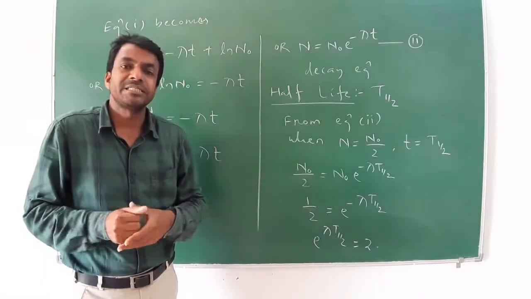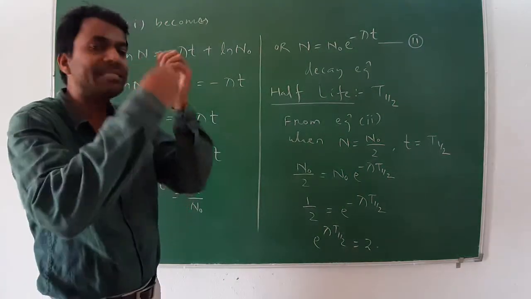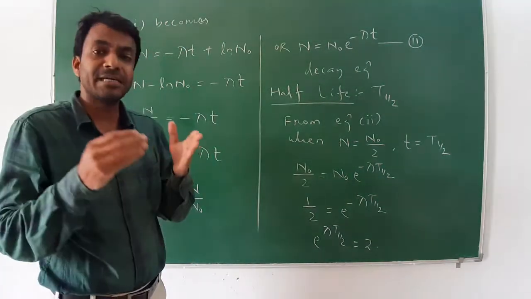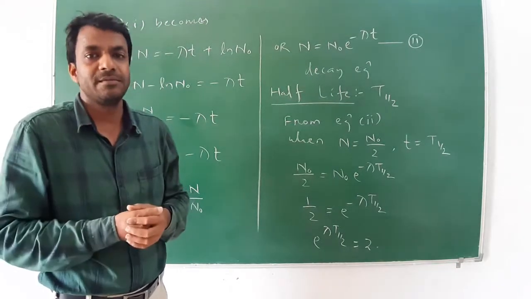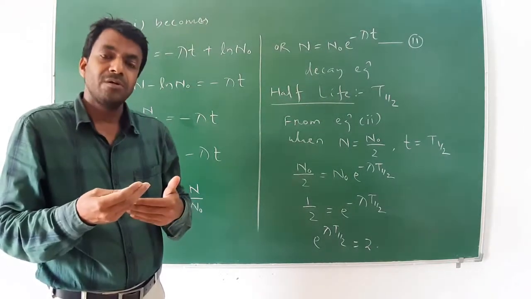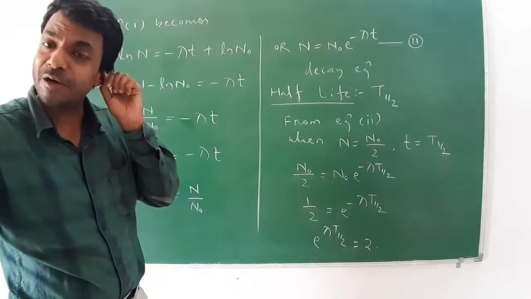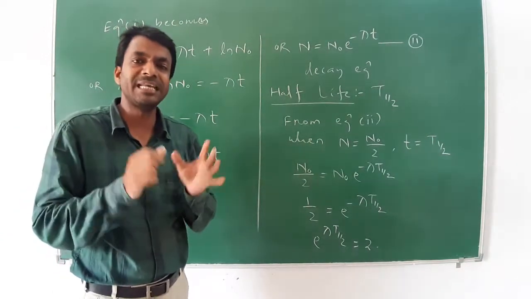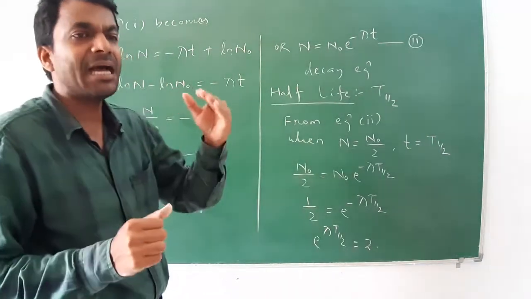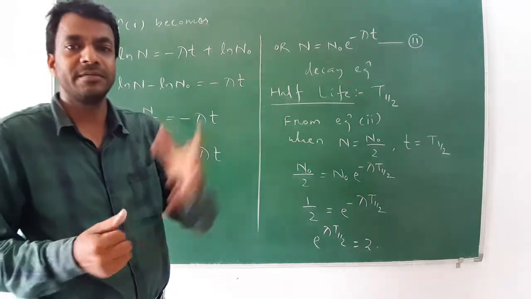Now, the second important thing is the half-life. What is half-life? It is the time interval taken by radioactive nuclei for half of the initial value to become undecayed. Means let initially I have taken N0 number of radioactive nuclei.